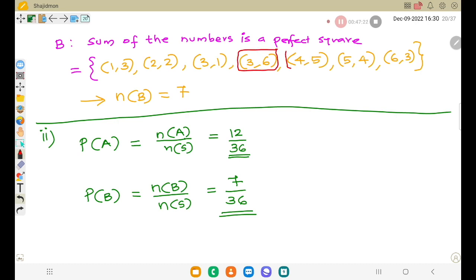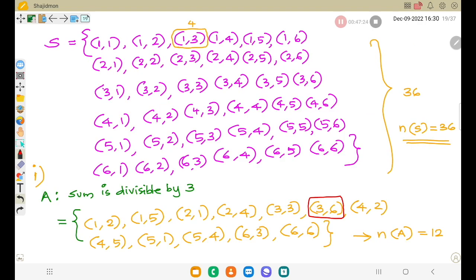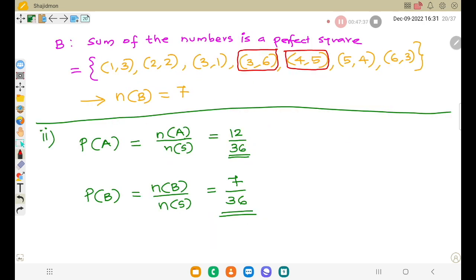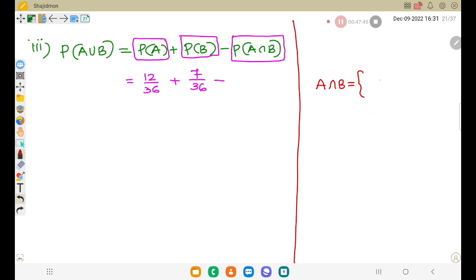Now 4, 5 is common to B and A. Now what else? 5, 4 is coming and 6, 3 is also common. 5, 4 and 6, 3 you can see in B also. Correct? So I can write A intersection B equals 3, 6, then 4, 5, then 5, 4, then 6, 3. Correct? A intersection B.